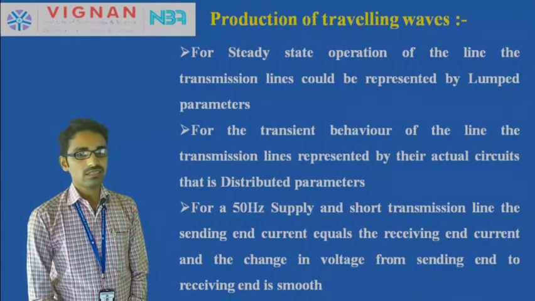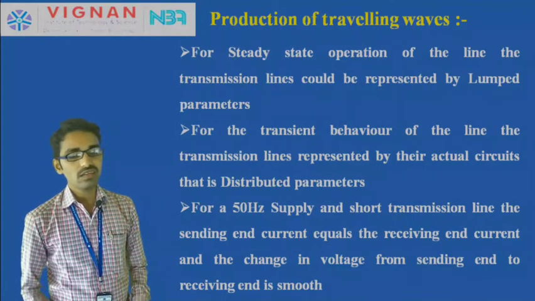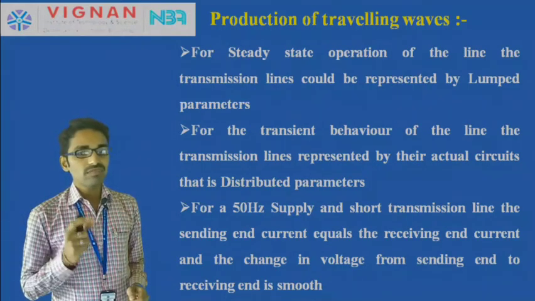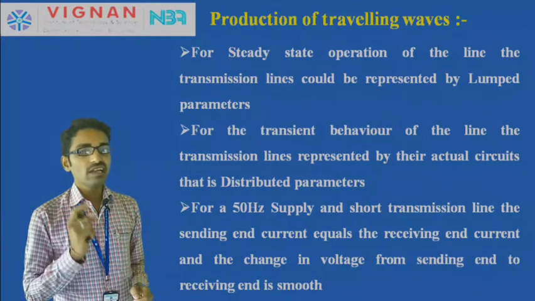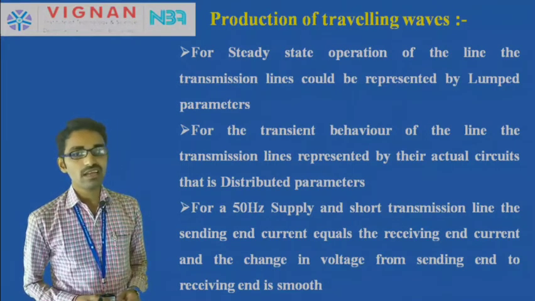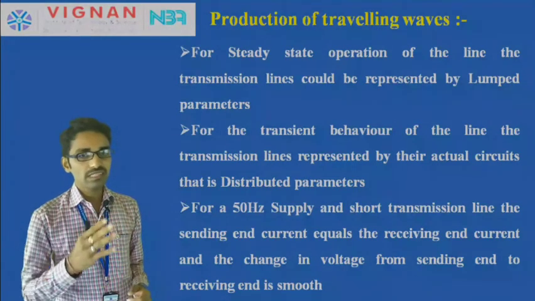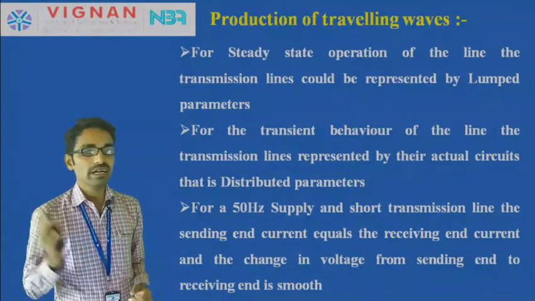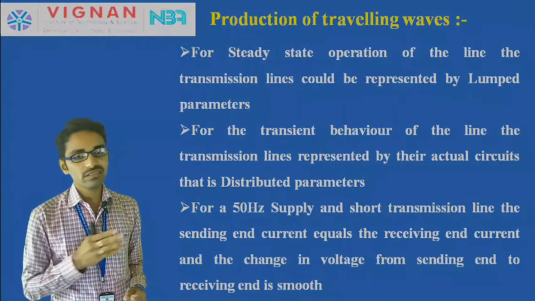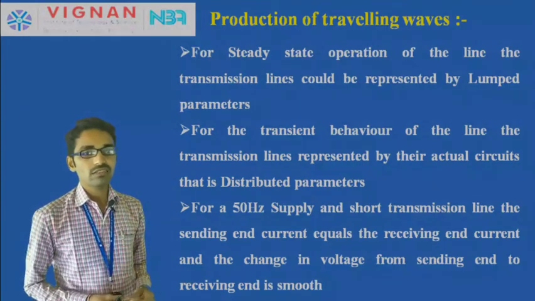The duration of time is very less, but the magnitude of that wave is very high. That behavior is called transient behavior. The steady state behavior is nothing but having some magnitude which is constant throughout the time. As the time increases, it is constant.